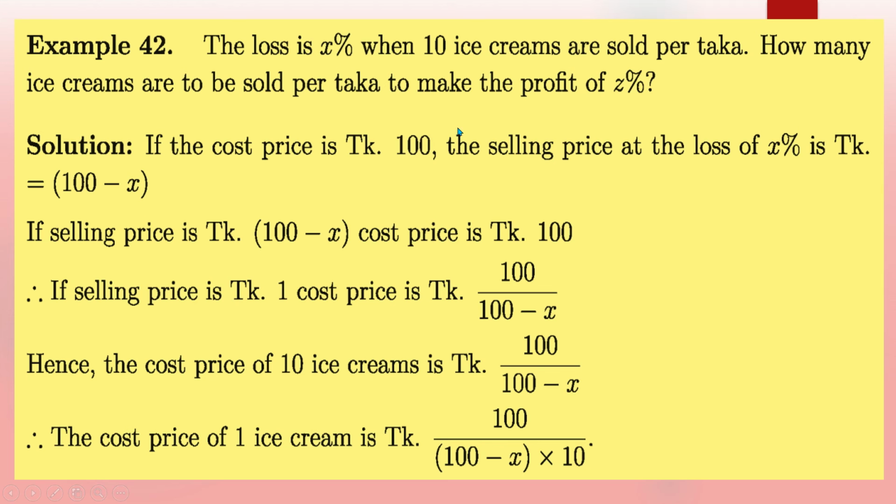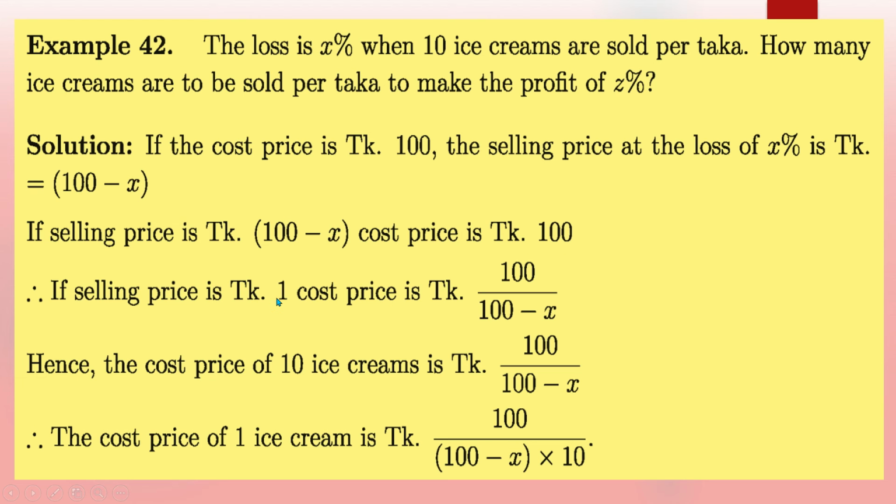And this type of math we have already solved. The loss is X% when 10 ice creams are sold per taka. How many ice creams are to be sold per taka to make a profit of Z%? If the cost price is taka 100, therefore the selling price at a loss of X% will be 100 minus X. Selling price is 100 minus X, cost price is 100.